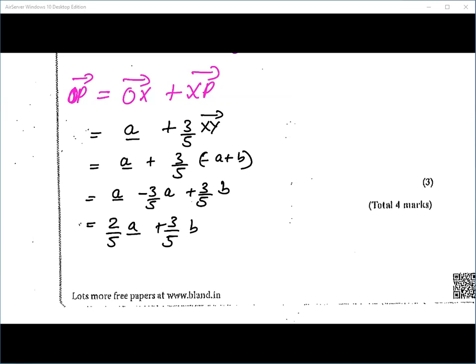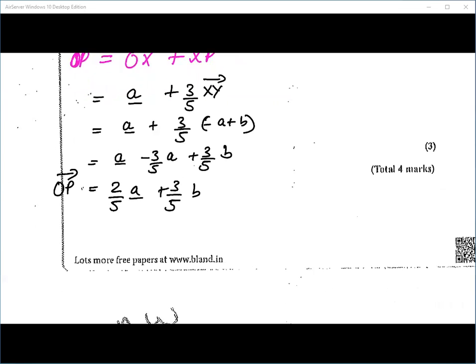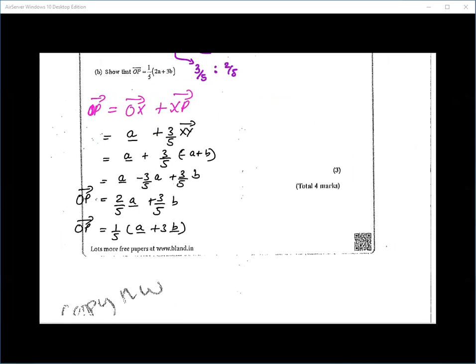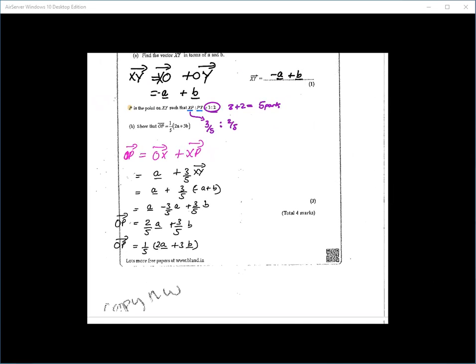And you can factorize that to give us 1/5 of (2A plus 3B) is OP. Is that right? Is it supposed to be 2A in here? Yeah. And has it matched? Yeah. Have we done it?